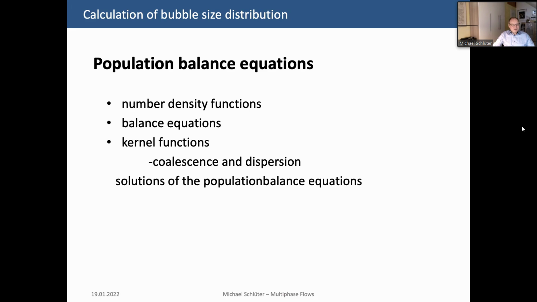How can a computer calculate how large and small the different bubbles are? And for that, we need to know number density functions and balance equations and so-called kernel functions for coalescence and dispersion. And also we have to solve these equations with so-called population balance equations.